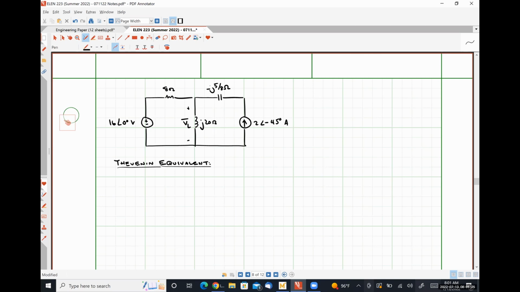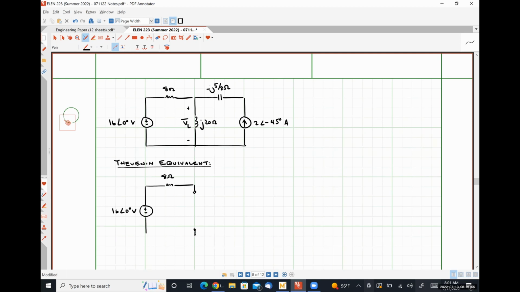So our Thevenin equivalent circuit for this particular network, we're finding it with respect to our J20 ohm inductor there in the middle. So we're going to need to take that out. So we're going to have our 16 angle 0 degrees volt source on the left-hand side. Here is our 8 ohm resistor.